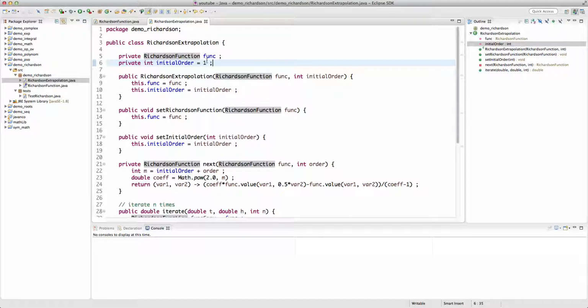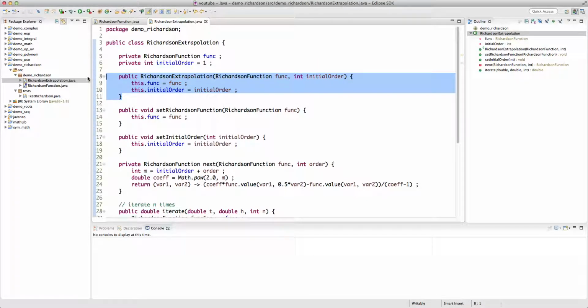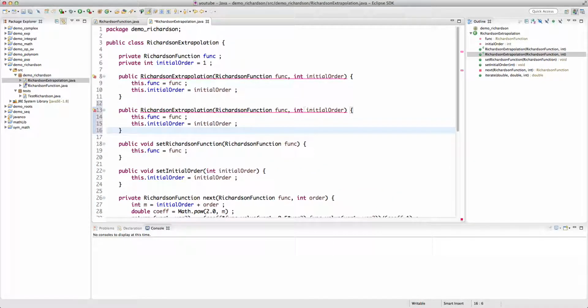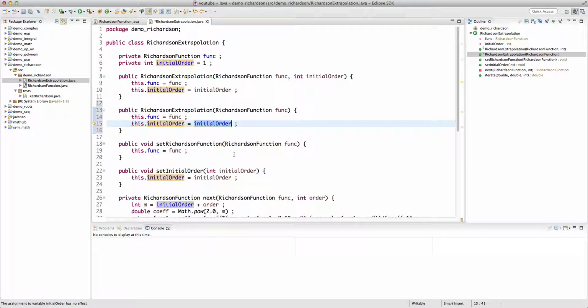In any type of approximating a derivative or integral, typically the worst case is just 1, linear error. Then in the constructor, we just set the function and also pass in the initial order, all right? And obviously we can also have a constructor that does not have an initial order. If it doesn't, we just default it to 1.